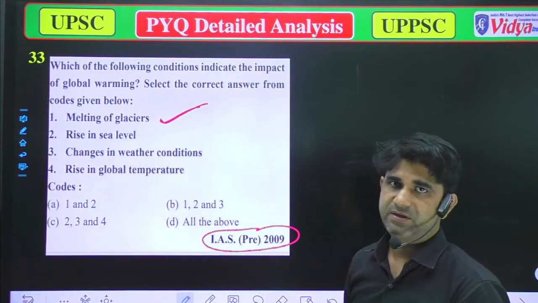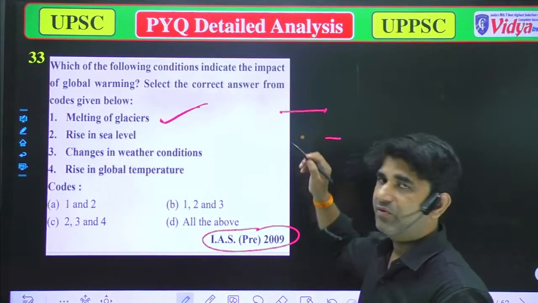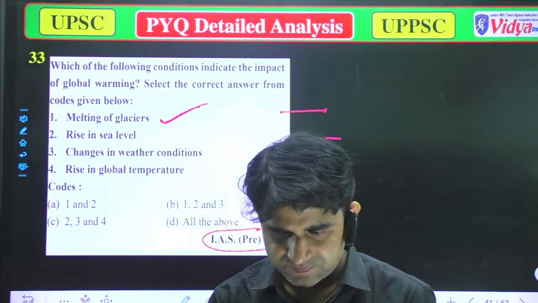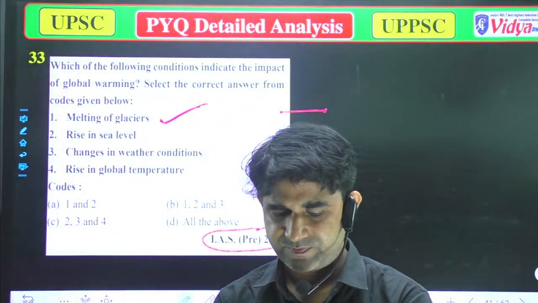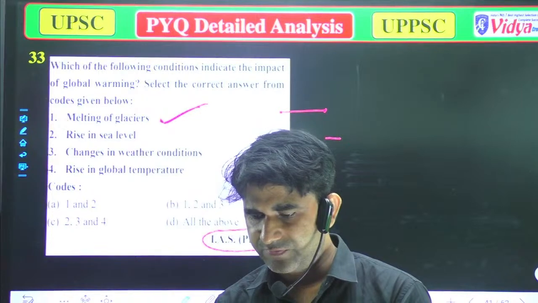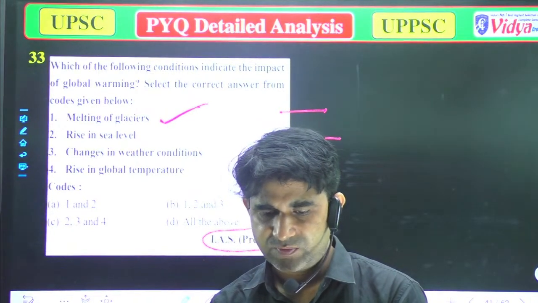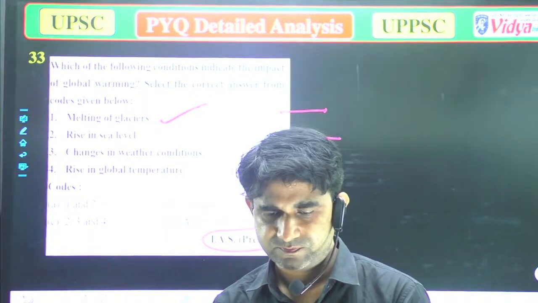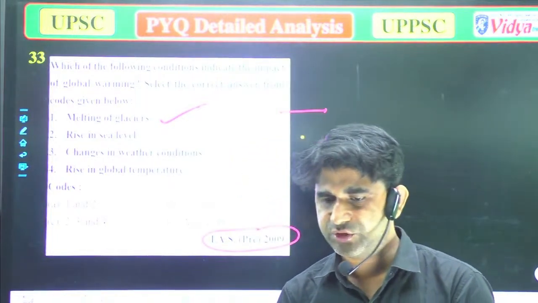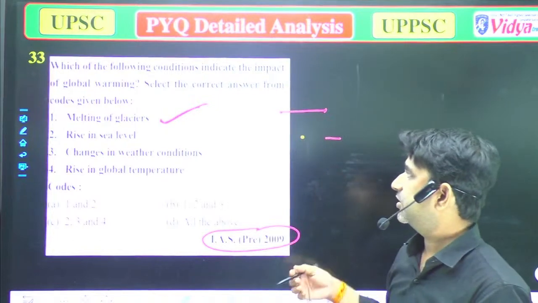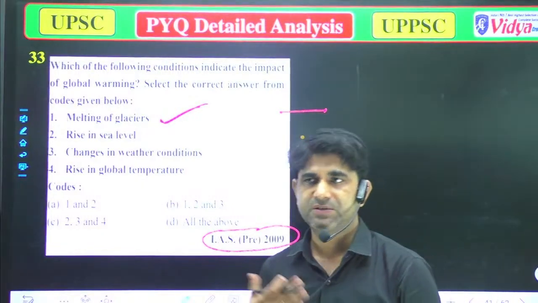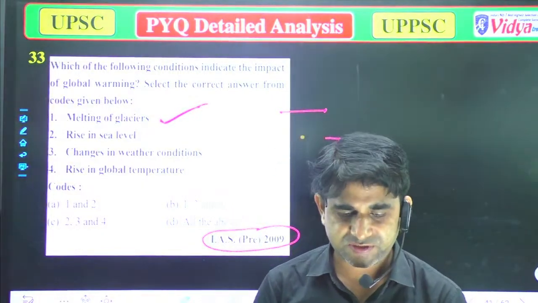Second, rise in sea level. Yes, that's true. Because when the glaciers melt down, the water will flow into the rivers, and after the rivers, it will travel into the seas.